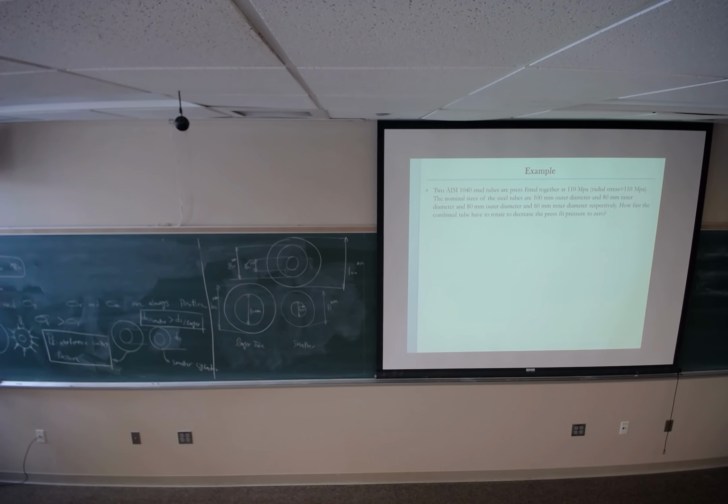So PF is 110 megapascal. So sigma R is negative 110 megapascal. I'm going to use this equation that we have here, and at this radius, at a radius of 40, I would like to get sigma R equal to positive 110 megapascal.